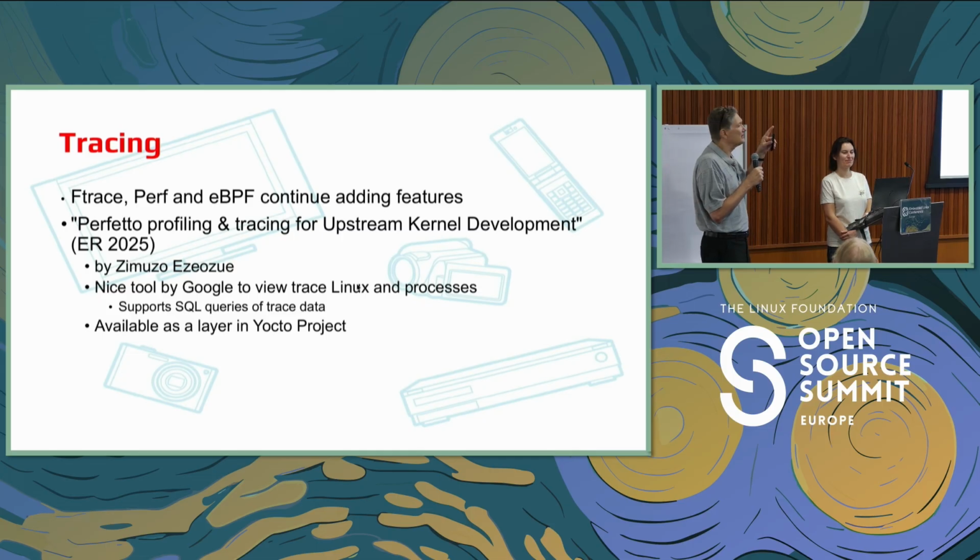And actually, there was a talk also last year in Vienna. There was a talk on Perfetto. And that is a new tracing tool that Google has developed. One of the interesting things about it, it's very mature. It's used internally by Google for Android work, and it supports SQL queries.